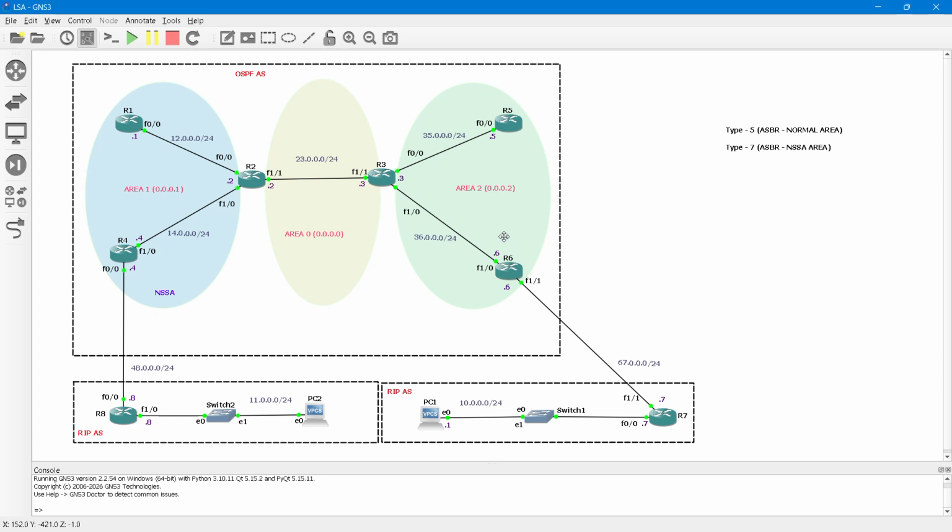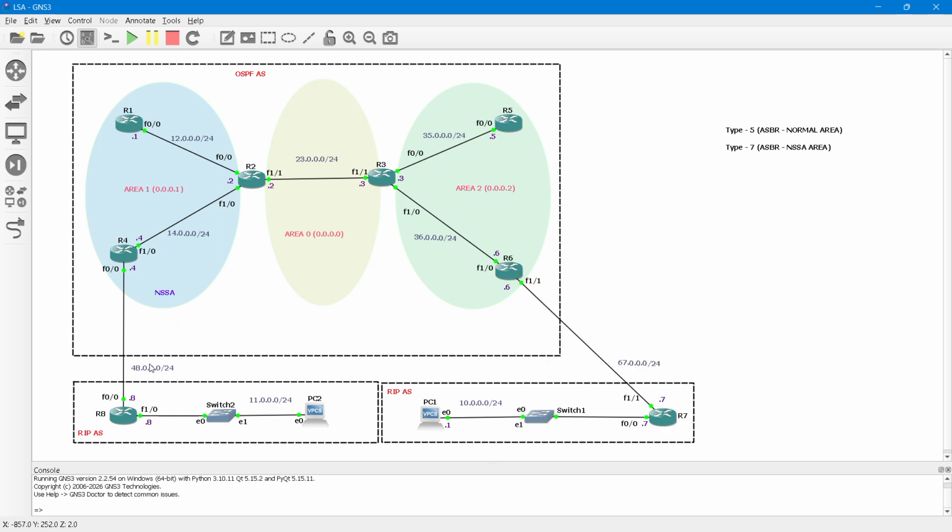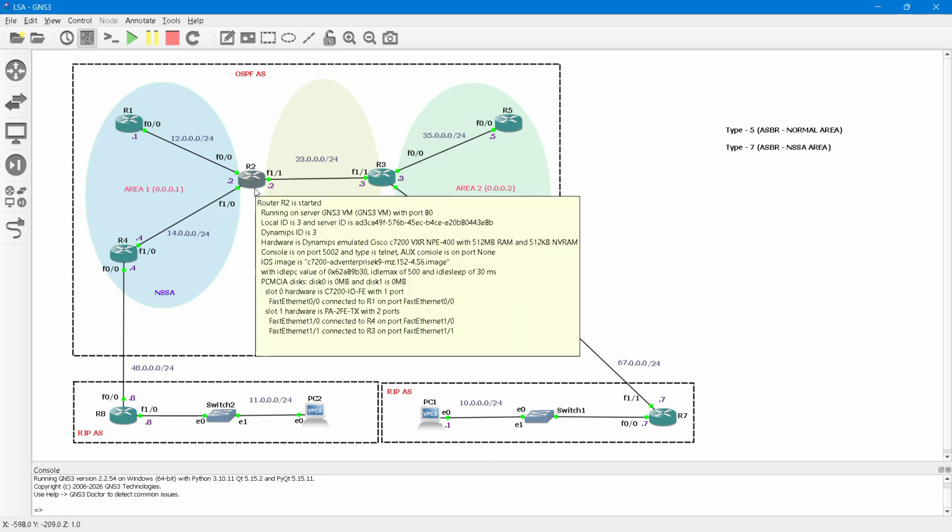And the other two are 48.0.0.0 and 11.0.0.0. Both sets will have different originating IDs. For the 67 and 10 networks, the originating ID is 6.6.6.6. And for networks 48 and 11, the originating ID is 2.2.2.2.